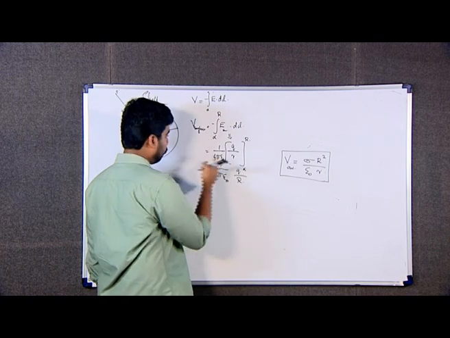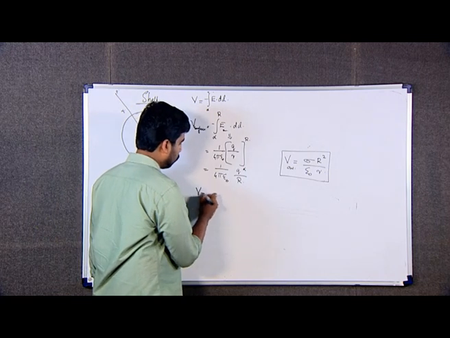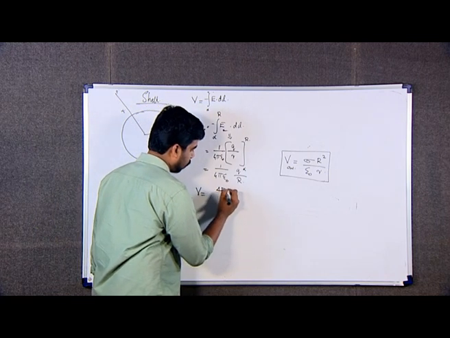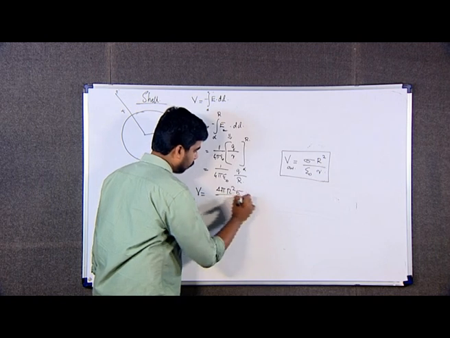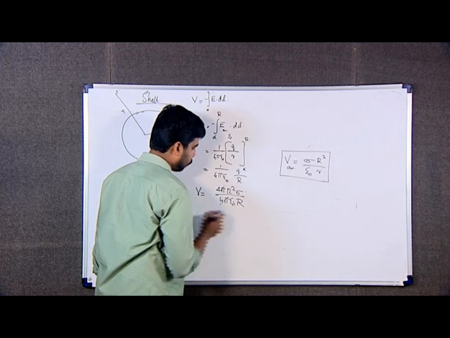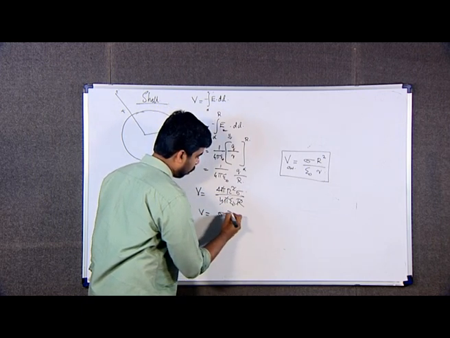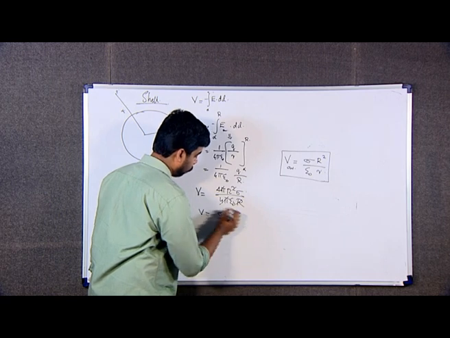And if the surface charge density is sigma, I can write q as 4 pi r square sigma by 4 pi epsilon 0 r. 4 pi and 4 pi will go, r and r will go. So V is equal to sigma r by epsilon 0.